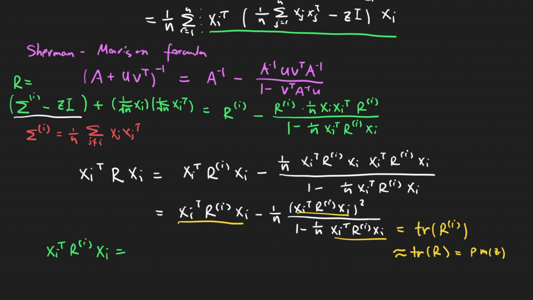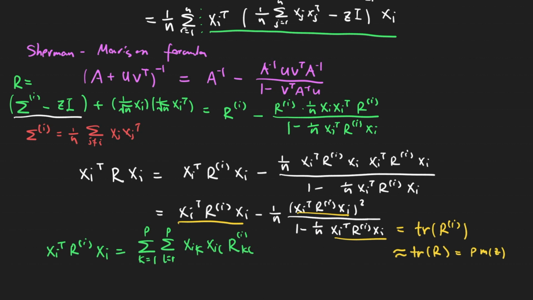So we can use one sum over k, where k goes from 1 to p, and then another summation over l, which goes from 1 to p. And then we have xik times xil times R superscript I, with kl as subscript.